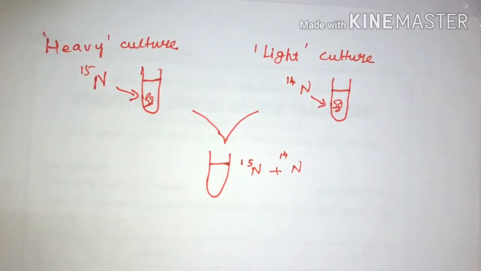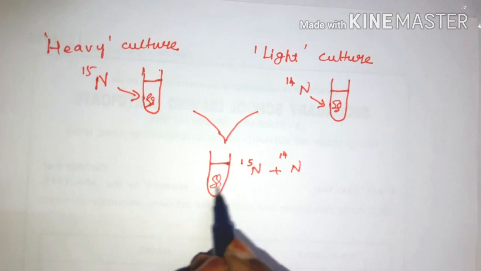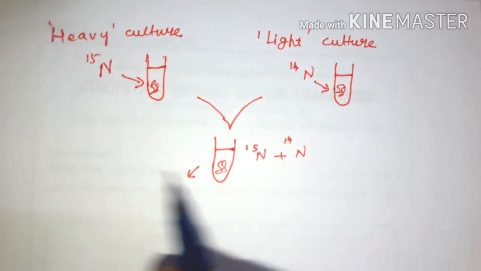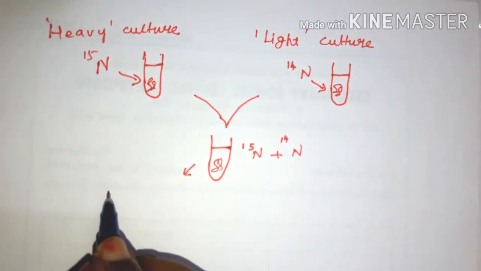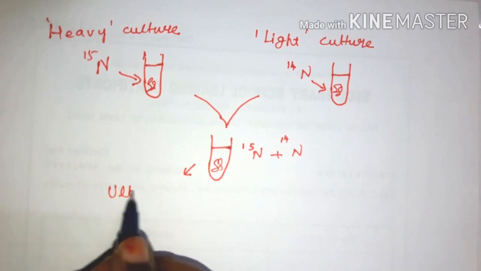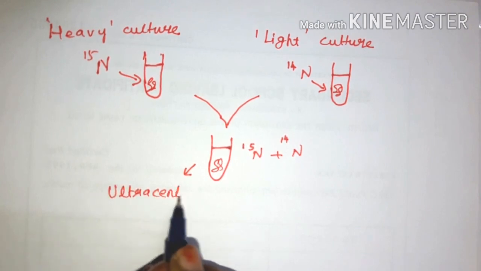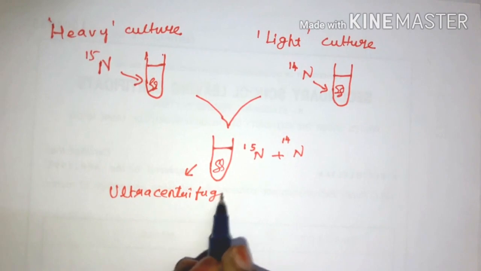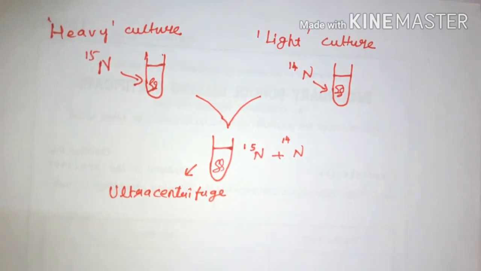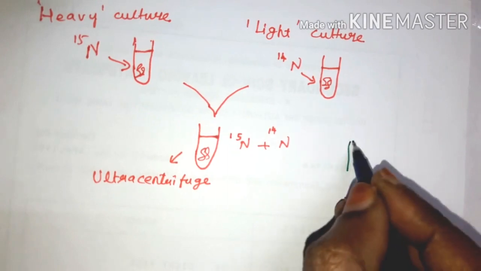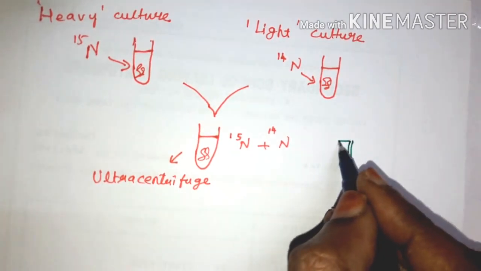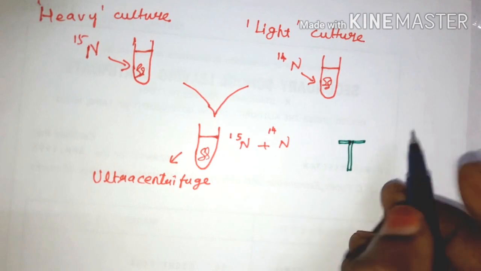So what will happen is they put this test tube through a technique called ultracentrifuge. What does this mean? Imagine that there is one center point, this T shape.